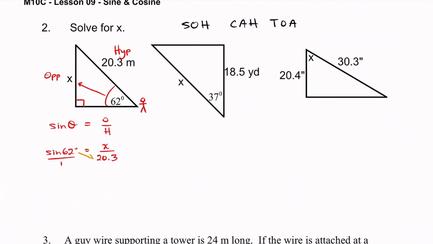So these two we will multiply, and then we will divide by the one across from the x. So x will equal 20.3 times sine 62, all divided by the one across from the x, which is a 1, so that actually won't change anything if we divide by 1. And then we're going to put that into our calculator.